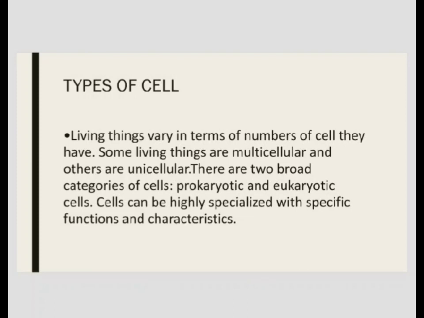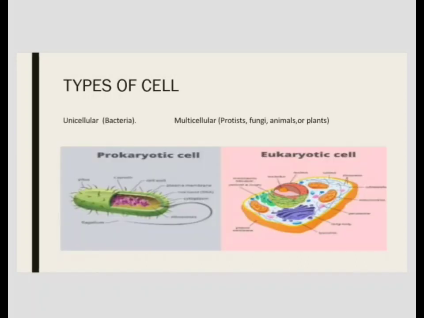Multicellular is two or more cells, and unicellular is one cell. There are two broad categories of cells: the prokaryotic cell and the eukaryotic cell. Cells can be highly specialized with specific functions and characteristics. So this is the picture.